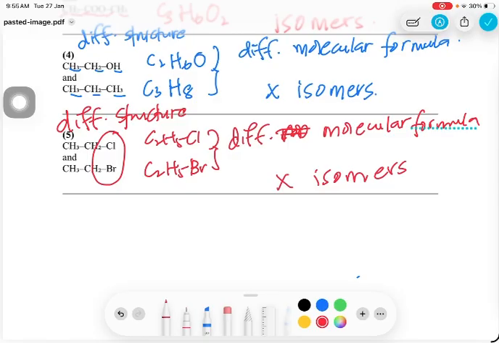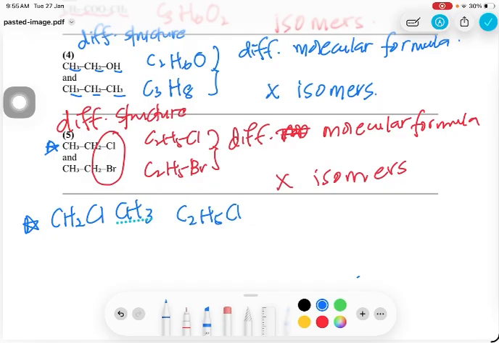Okay, so now I would like to check another one. Let's say if I have CH2Cl and then another one is CH3. Now let's compare these two. Okay, so this one also C2H5Cl. So when we look at this chemical formula and this chemical formula, they have same molecular formula.